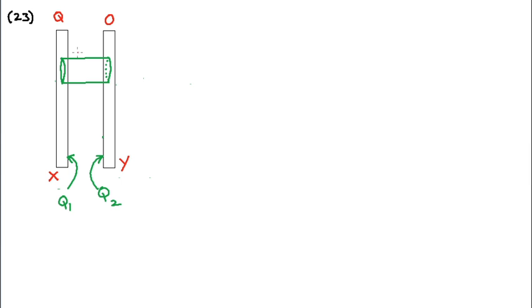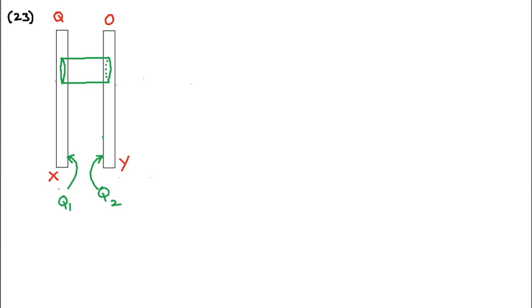So all this goes into concluding that the field lines in the gap would be approximately horizontal like that. Now they could be from left to right or right to left depending on which of these two plates is positively charged and which is negatively charged. Remember, the field lines will go from the positive charge to the negative charge.